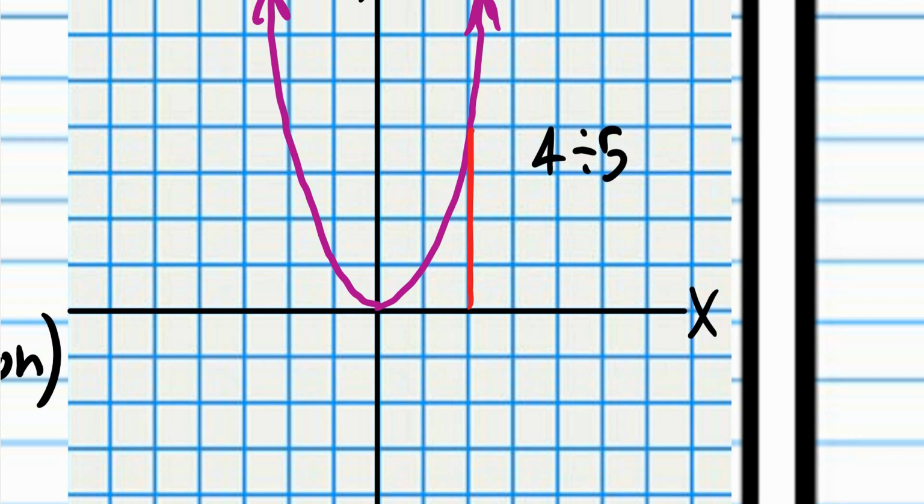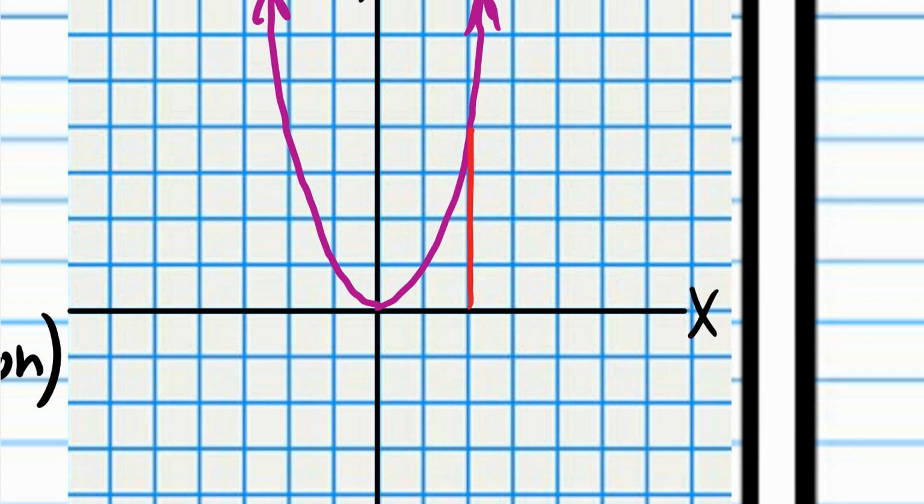Well, that's just 4 times 1/5. Remember, you just flip the divisor and write this whole number as over 1. And then when you multiply fractions, you just multiply the numerators. 4 times 1 is 4. 1 times 5 is 5. Now that is all basic mathematics that you should already know.